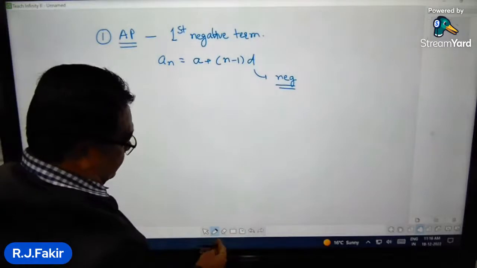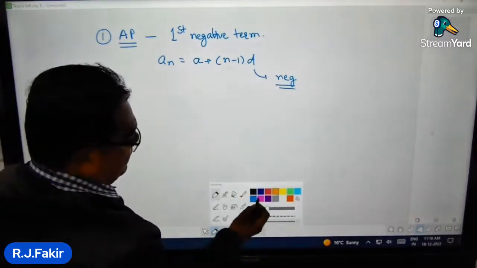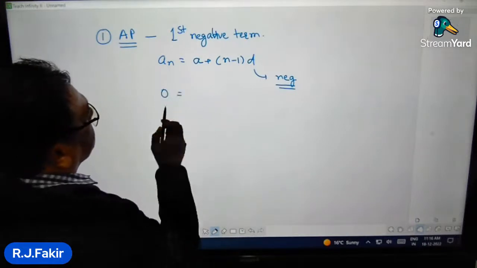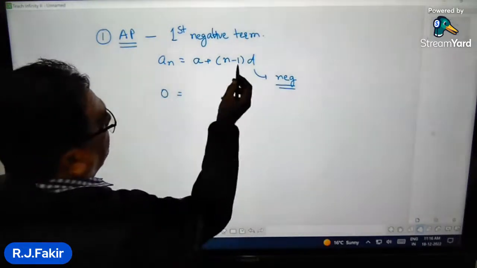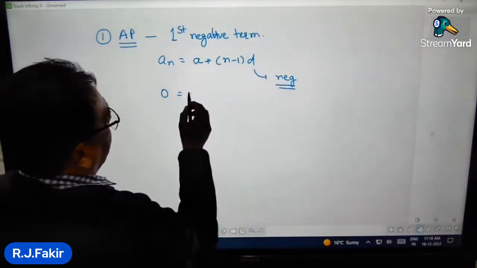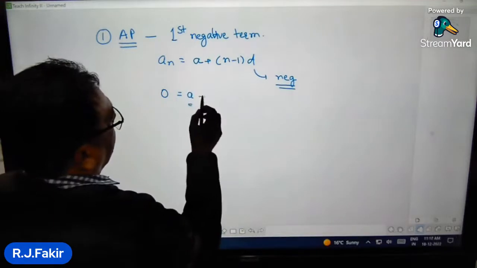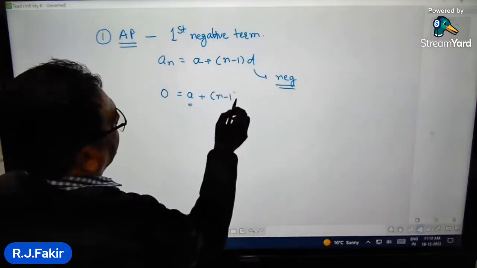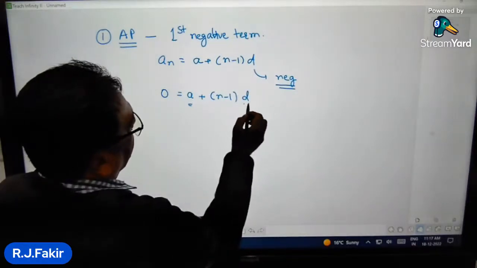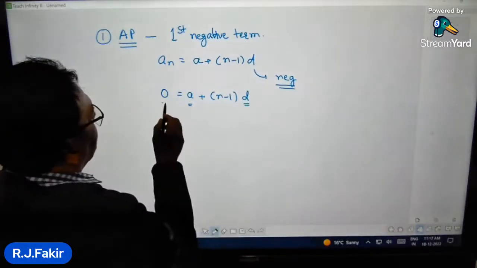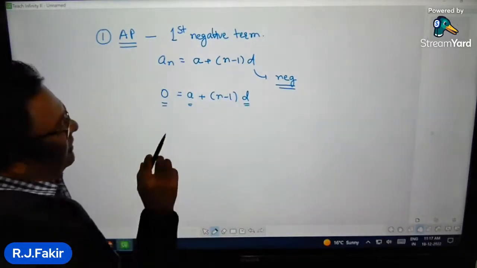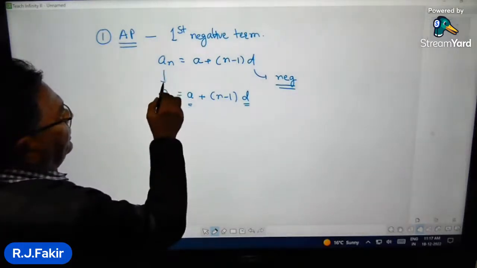You can easily take this value of an as 0, keep this 0. And these values you can get from your given AP. a you can get from your AP. n basically we have to find. As I said, this value of d is generally negative in such kind of questions. So these three values you can get from that AP. an we put it 0.